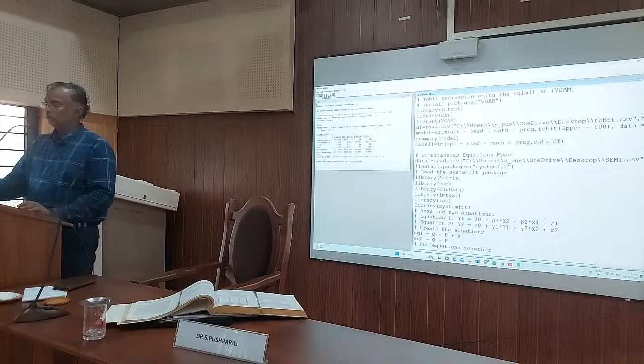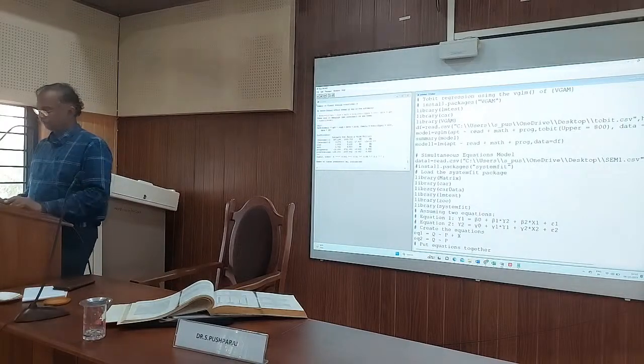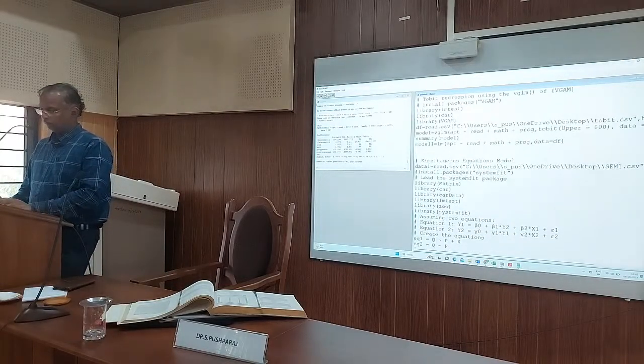In the data frame is DF. Summary model 1.